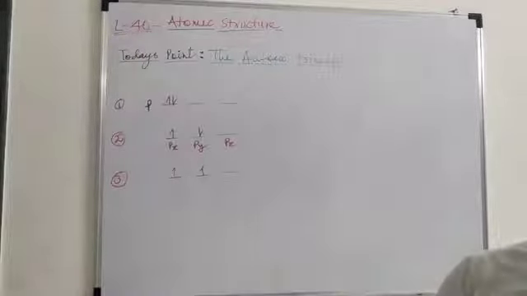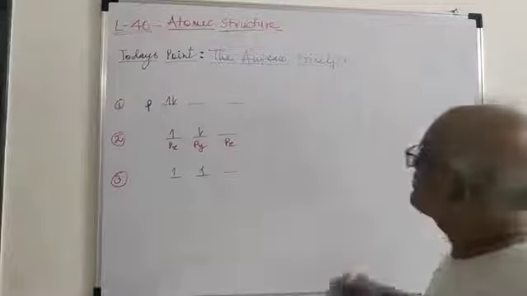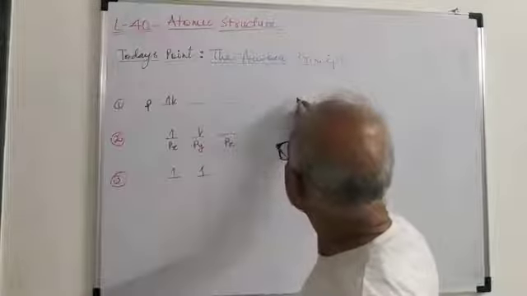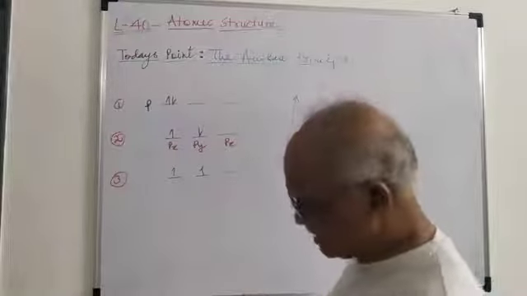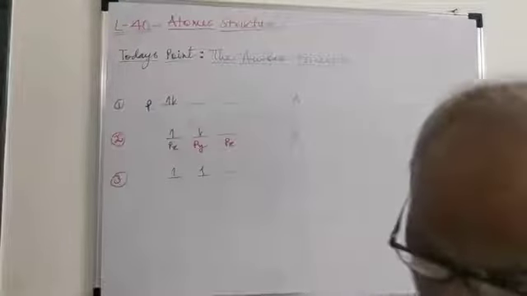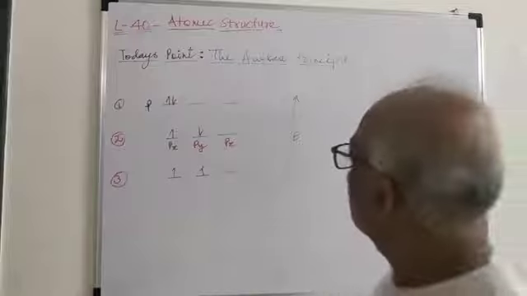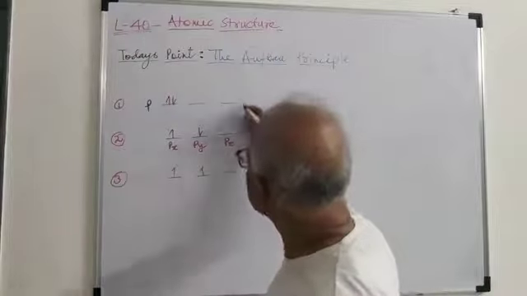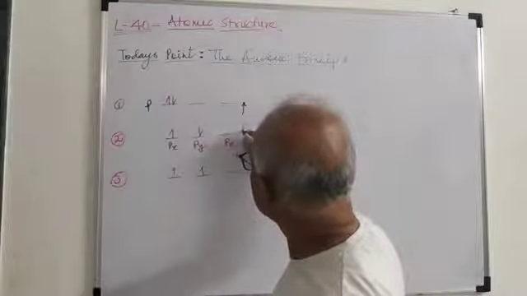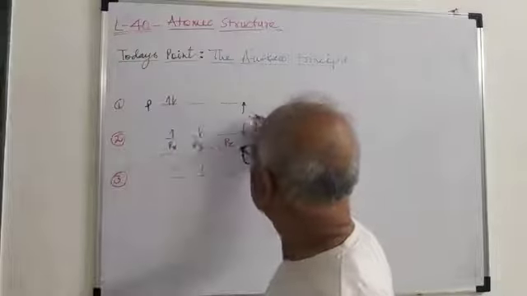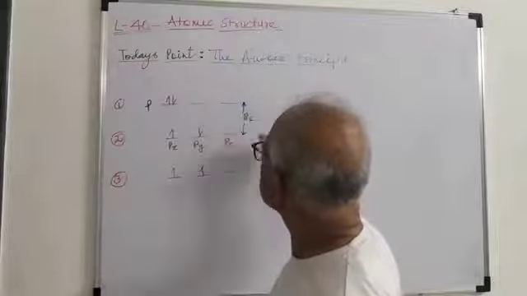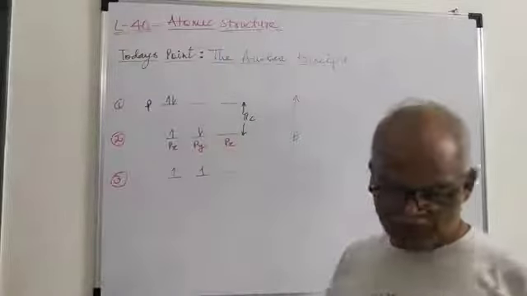So if we consider this energy axis, the energy difference between these two atomic orbital levels is pi c, that is the Coulombic energy.